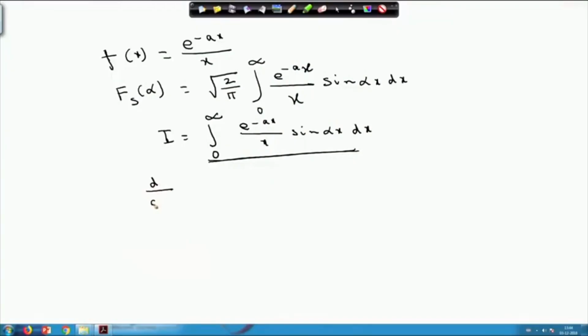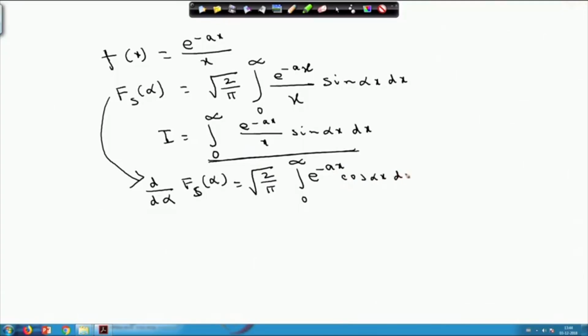First, we will find the derivative of this integral, and then we will see how we can solve this. So, d by d alpha of this F s of alpha, that is, differentiating with respect to alpha on both sides of the given equation, becomes root over 2 by pi integral 0 to infinity. This x will be cancelled, and x sin alpha x will give you e power minus a x into cos of alpha x dx.